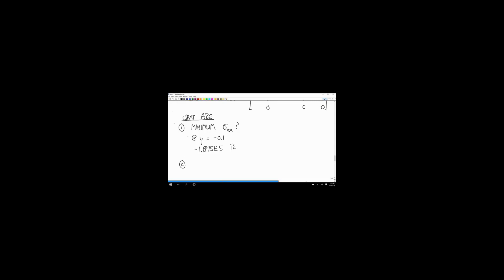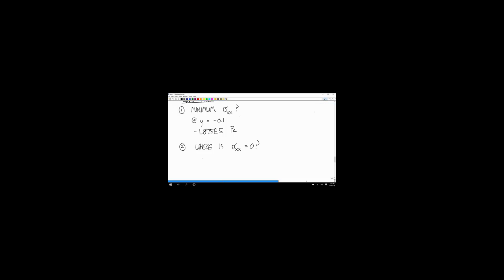And then where is it 0? Well, that's not going to be the neutral axis anymore because we're adding two things together.